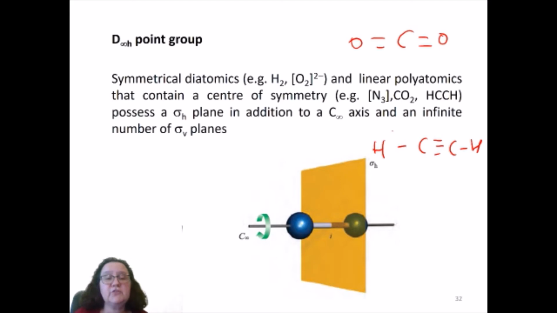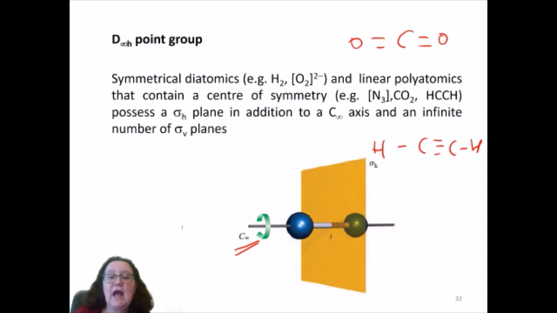And as for symmetrical diatomic molecules, H2, O2, N2, Cl2, etc., they have a C infinity, because they are linear molecules, so you have infinite rotations around that axis, and they will all give you identical forms of that molecule.